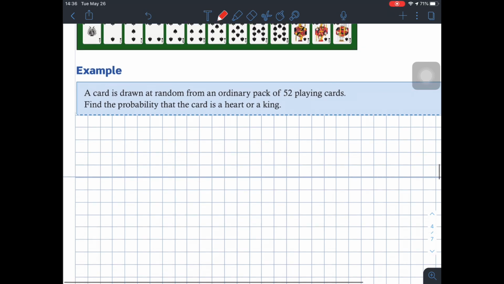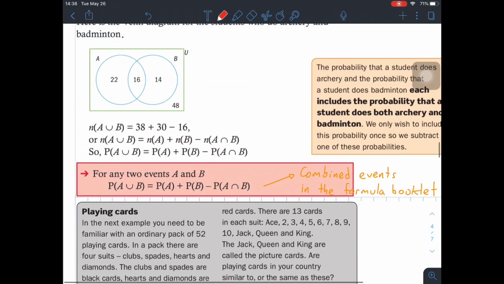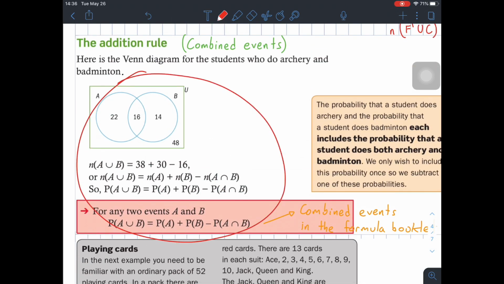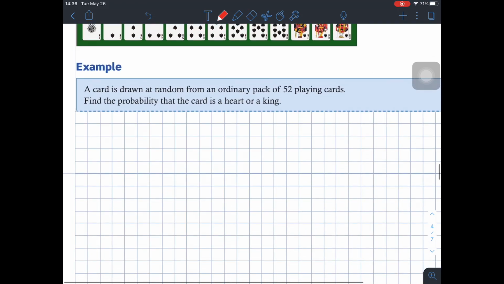So I'm going to apply the formula we have just deduced from the previous demonstration, and I'm going to rewrite that formula here. It's the probability of, in this case, heart or king, so I'm going to call this H union king. That's what I want to find, right?